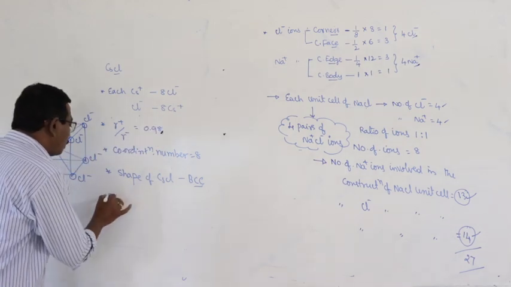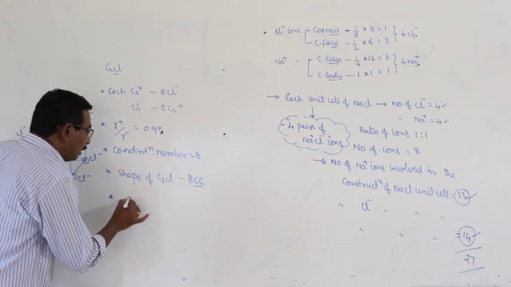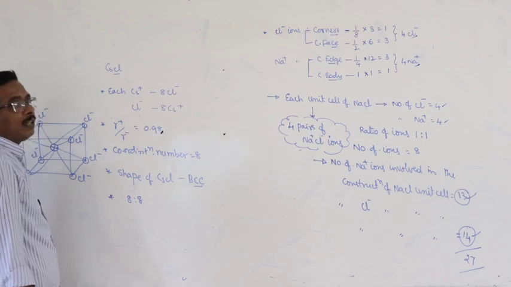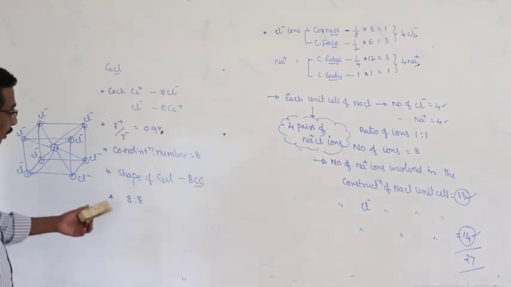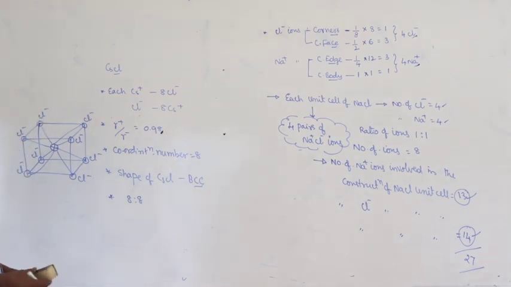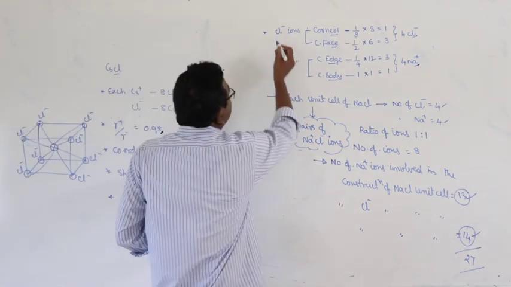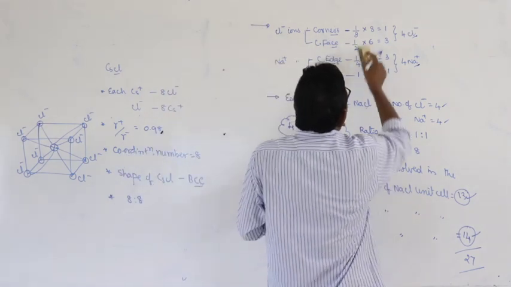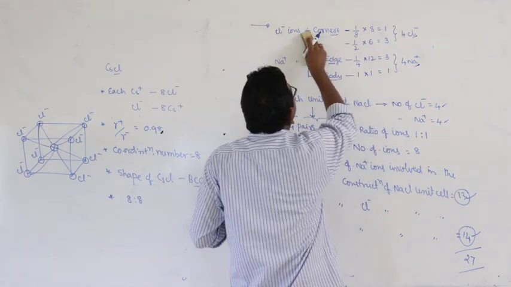And here this is also known as 8:8 type packing, and this is also known as 1:1 type packing. And next one is cesium chloride crystal. The Cl minus ions are present at the corners.